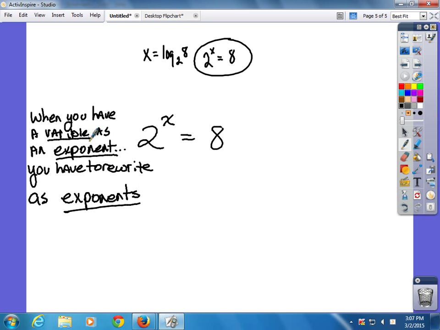And you have a variable and an exponent, then you're going to have to rewrite the 8. Why the 8? Well, that's the only thing left as an exponent. So how can you rewrite 8 as an exponent?